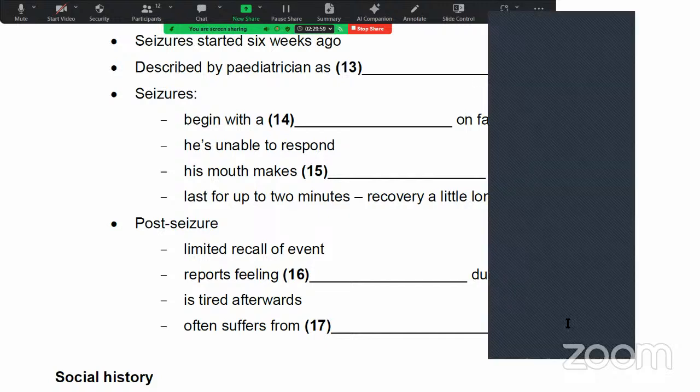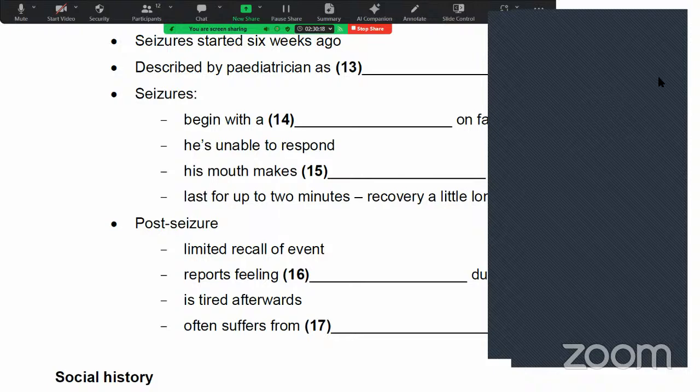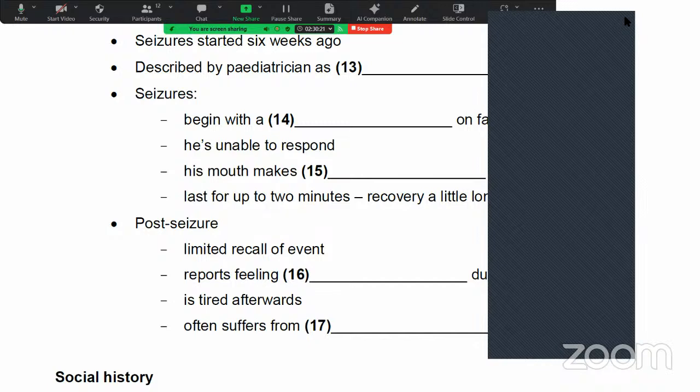So 12, 14, 24. 24, 14, 24. Hello? I can't see the questions. What's wrong?